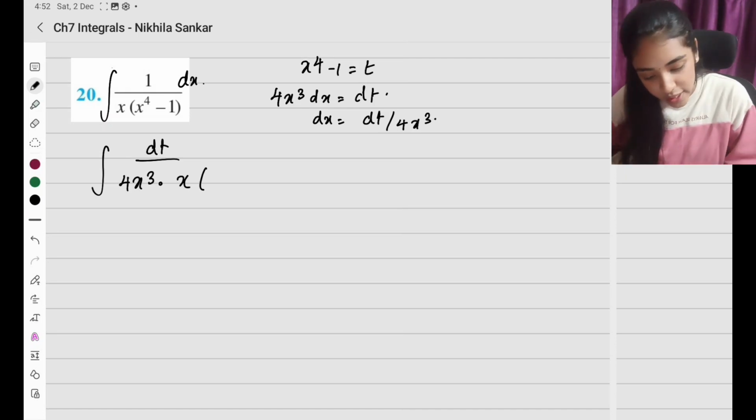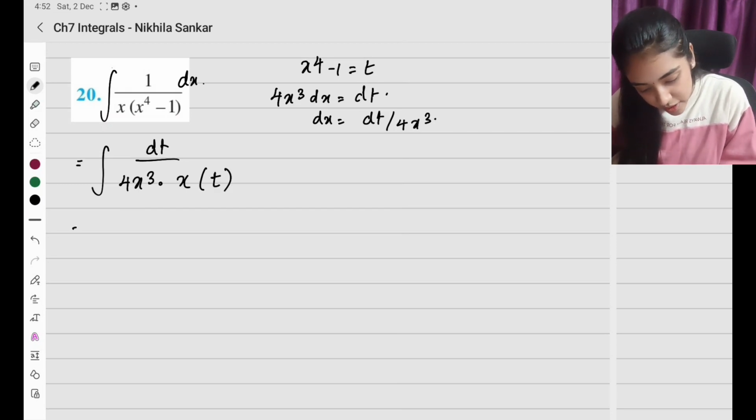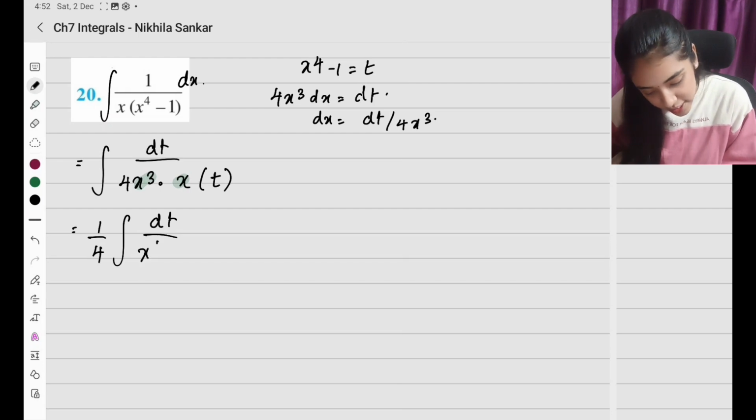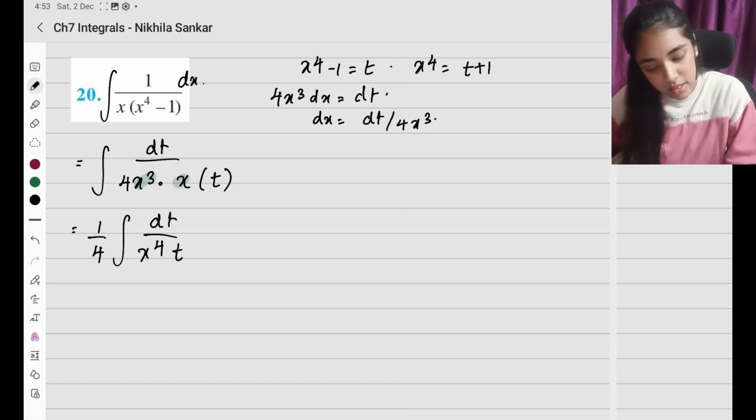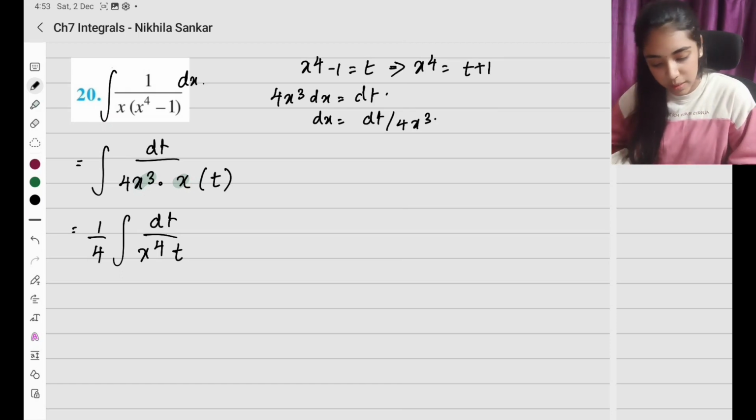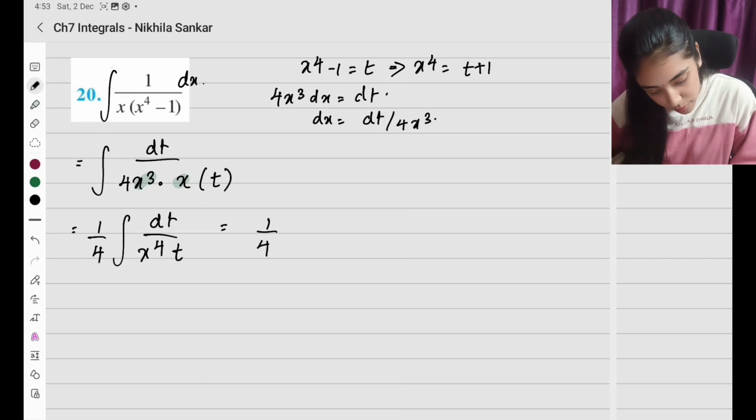So what do I have here? I can take the 1 by 4 outside. Integral dt divided by, I have x cube times x. So I can again write that as x power 4 times t, where my x power 4 is going to be t plus 1. Correct? From this, x power 4 is going to be t plus 1. So I can rewrite this as 1 by 4 integral dt divided by (t plus 1) times t.